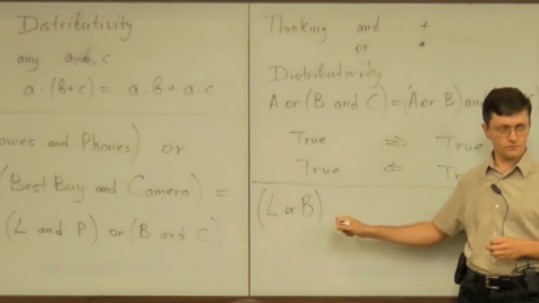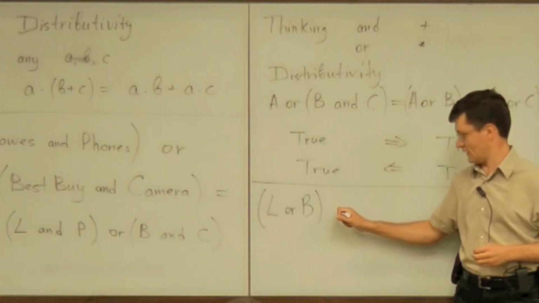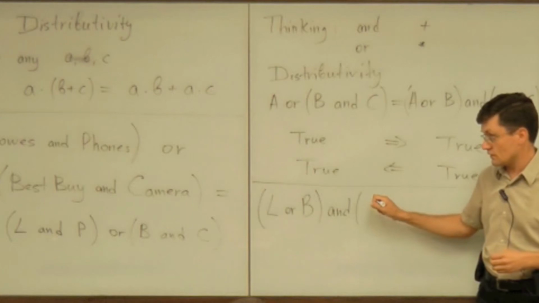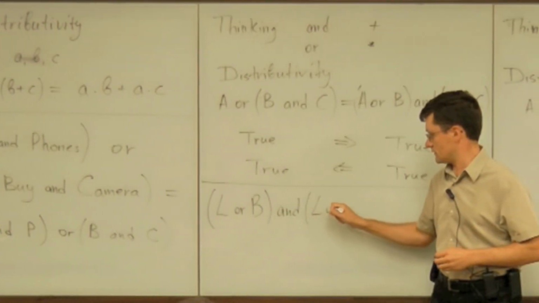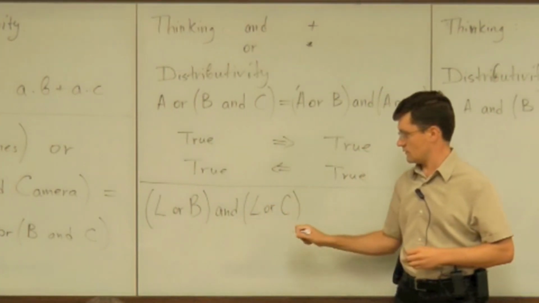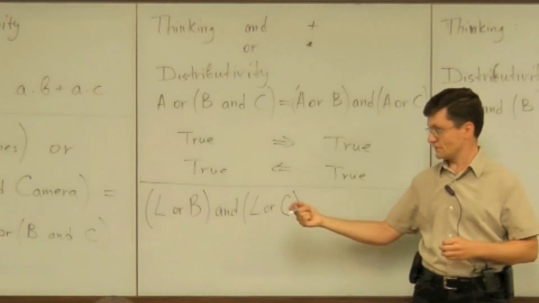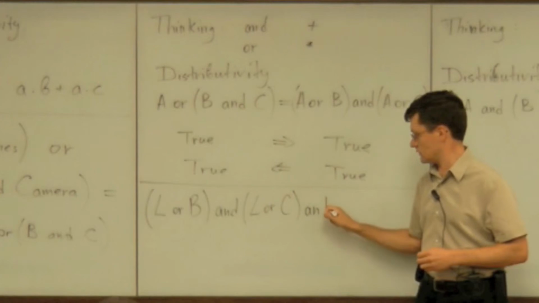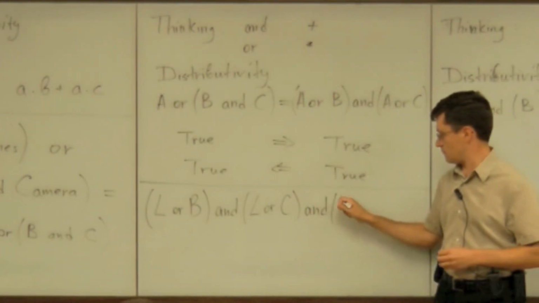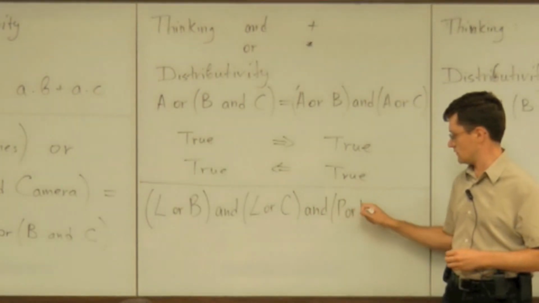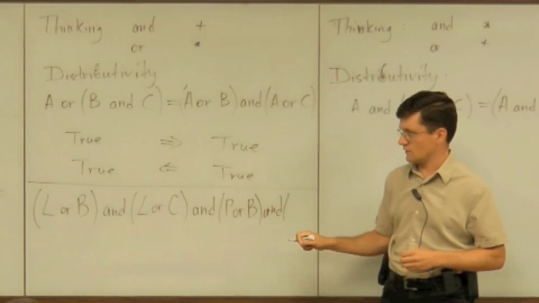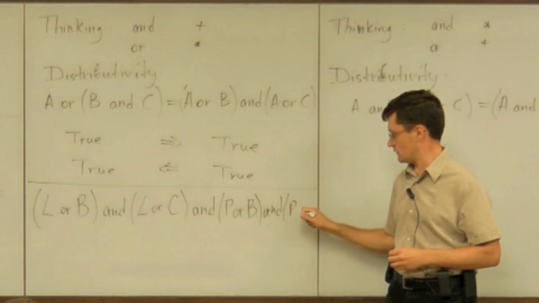Should I continue AND, or should I continue OR? And, yes. Or C. L or C, right? So you multiply L through by B and C, and P or B, and P or C.